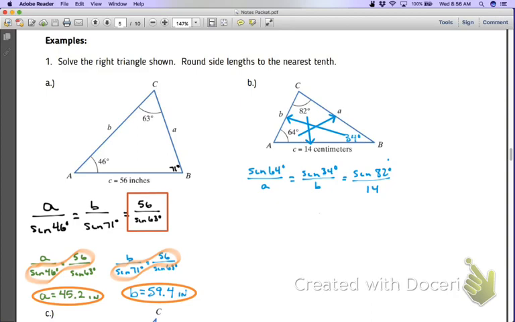No. Sines stay on top or on bottom, side lengths stay on top or on bottom, whichever place your angle does not go. The one that I will always use for each of these is this fraction: I will not deviate from sine of 82 over 14, or 14 over sine of 82, from problem to problem. Even if I get an answer for A or an answer for B, I'm not going to use that value. Use a value or a fraction that I am given to start, not an answer that I get in the middle. Everybody good with that?